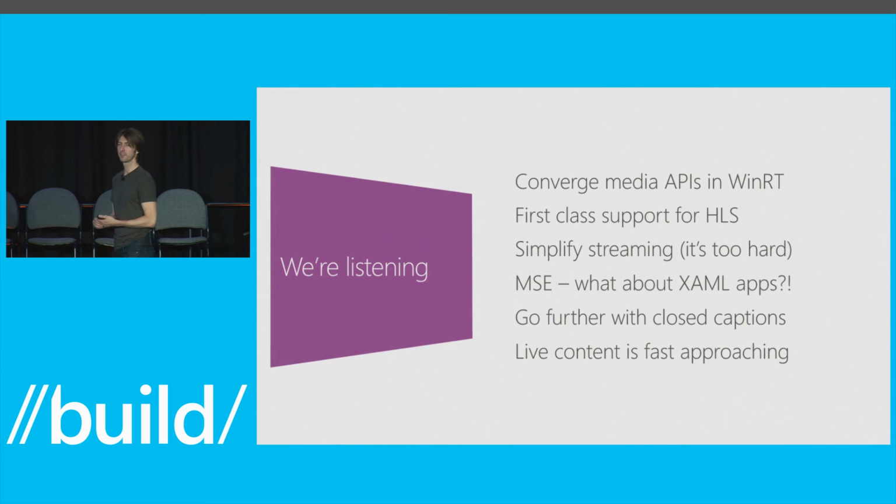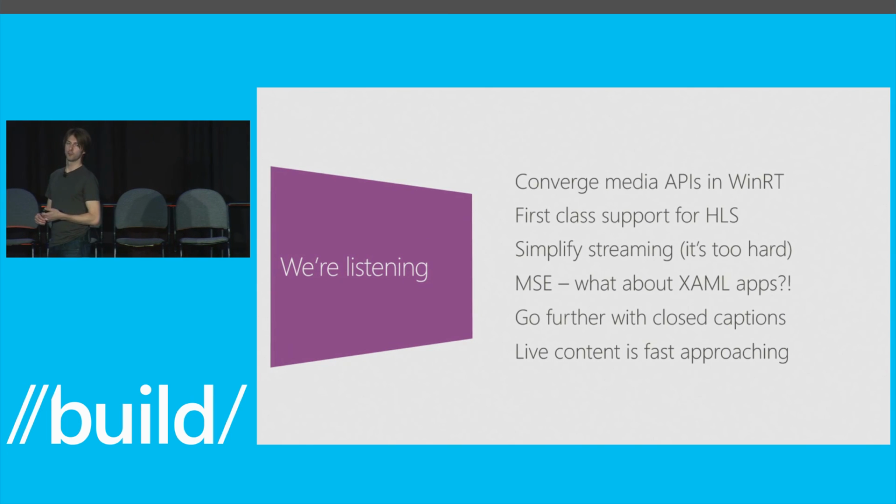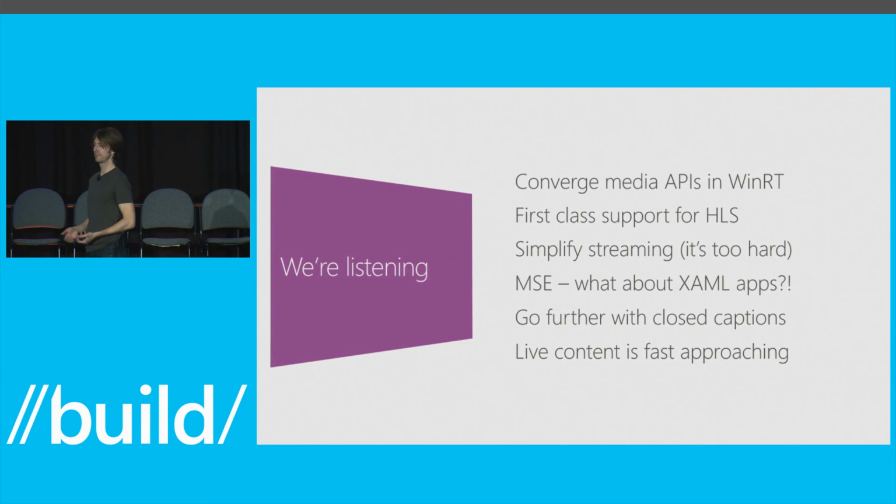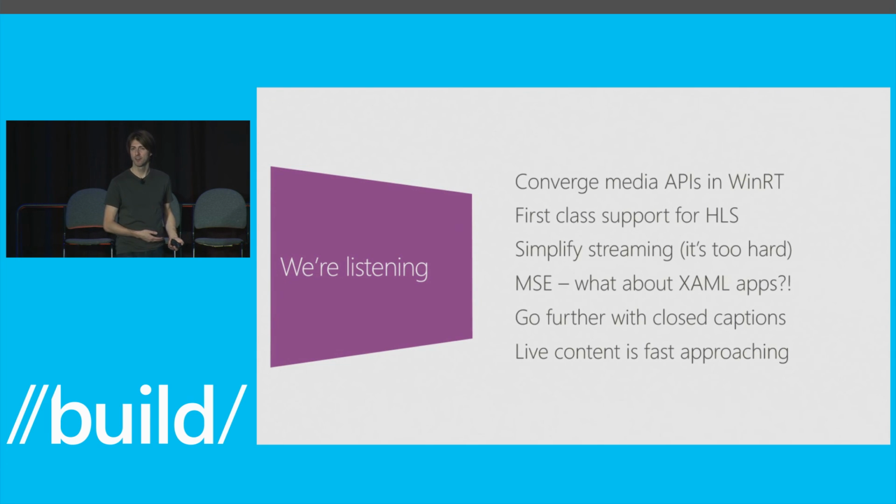And the last thing is that I'm sure most of you recognize this. Live content is something that's getting incredibly important. We saw a lot of it over the last 12 months with sports: the Super Bowl and Major League Baseball and basketball, as well as all types of other content like reality TV and whatnot. Lots of services want to make this content available across multiple screens. And there are some challenges associated with doing live content as compared to on-demand content.